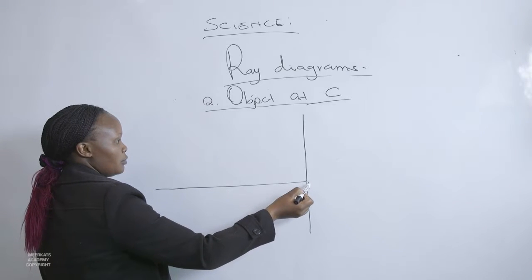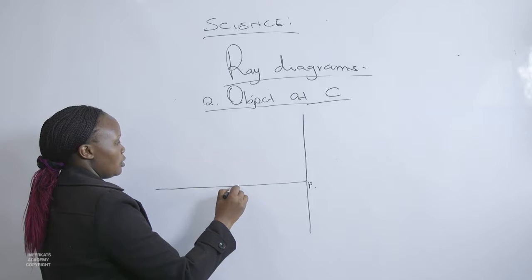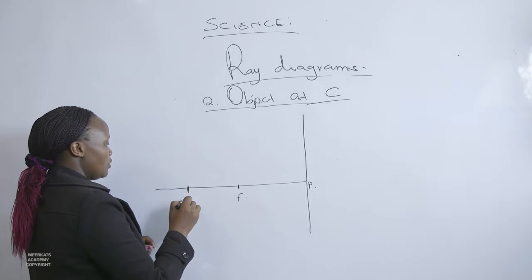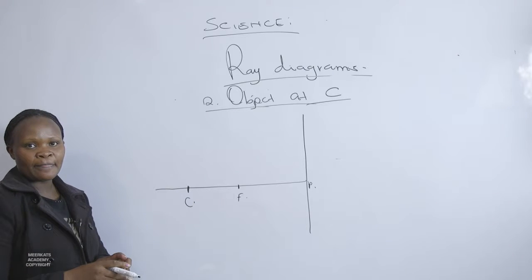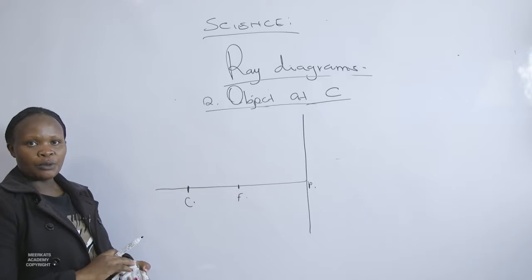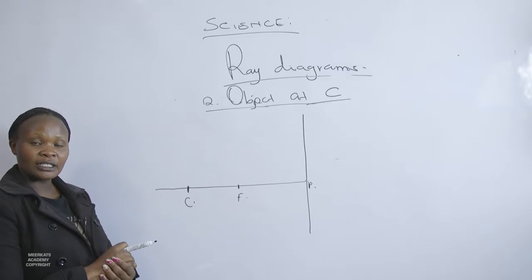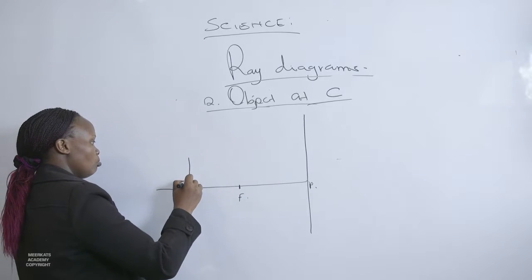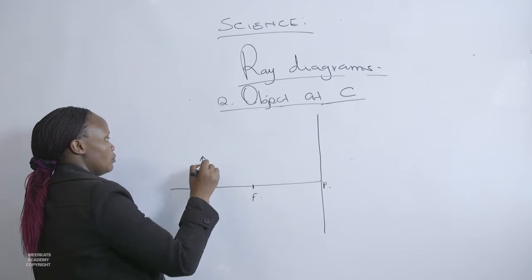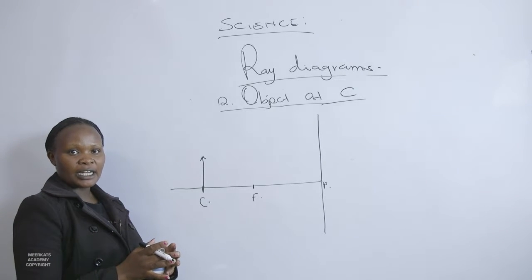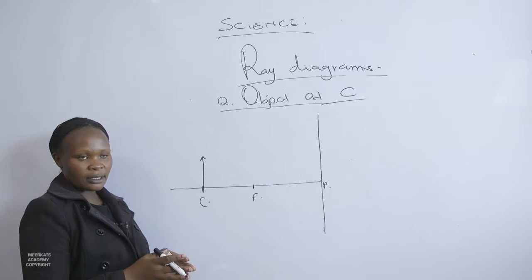Remember, this is the pole. Again, we have our F here. Then we have C. And at this point, we want to place a real object at C and see what we can say about the same.